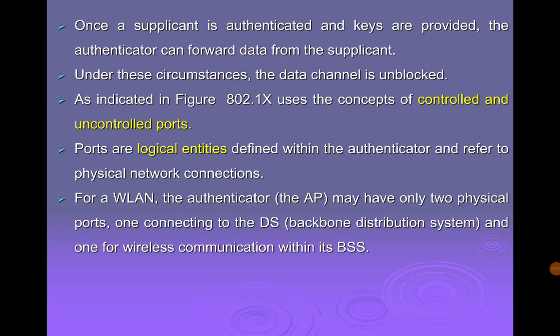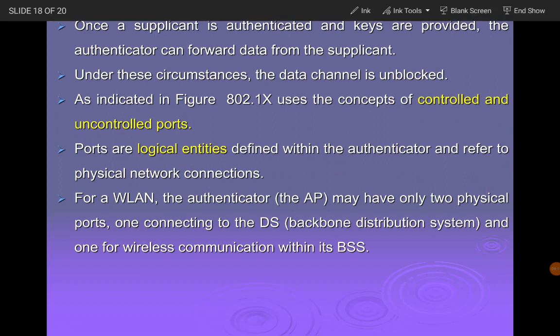Until then, the port is blocked. Once the supplicant is authenticated and the keys are provided, the authenticator forwards the data from the supplicant to the authentication server. As I told, here we have two ports, controlled port and uncontrolled port.